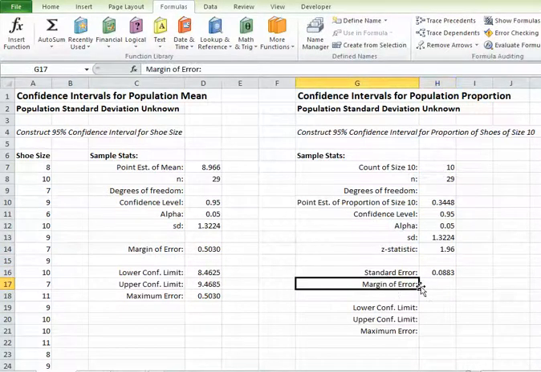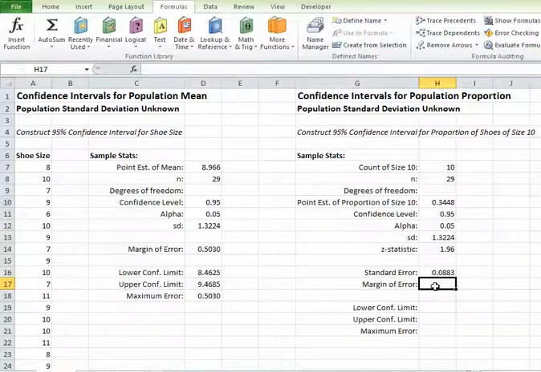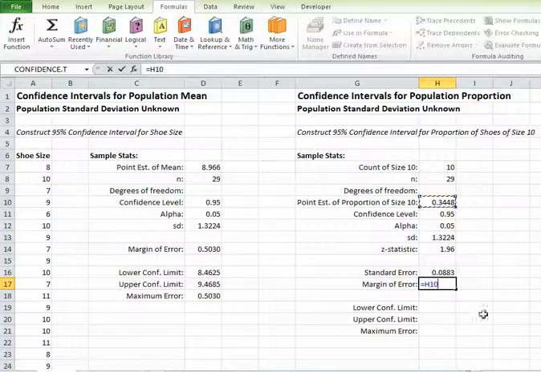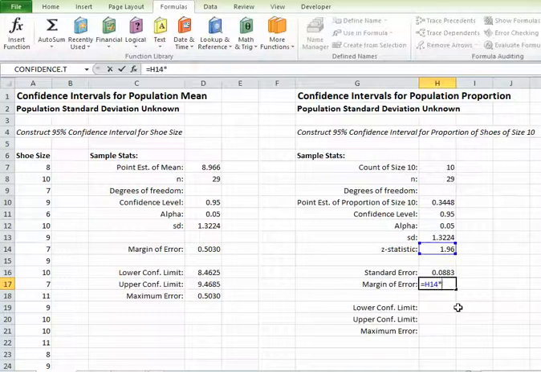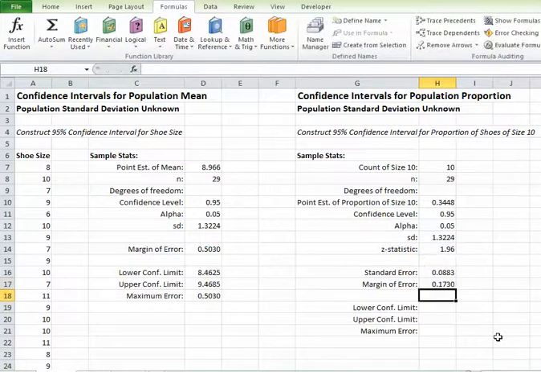And now I can calculate my margin of error by taking my point estimate of the proportion. Nope, don't want to do that yet. Nope, the margin of error is simply equal to the z statistic times the standard error.